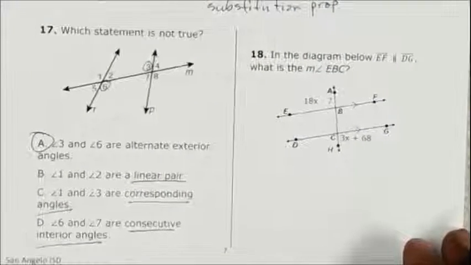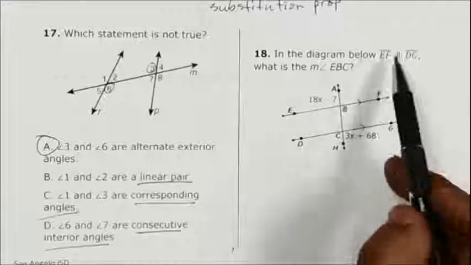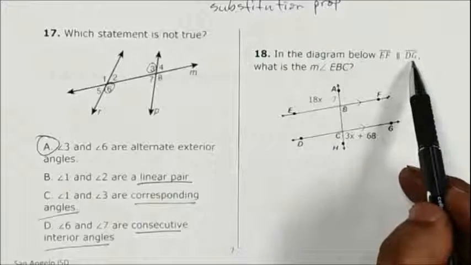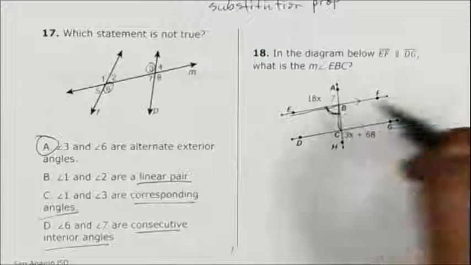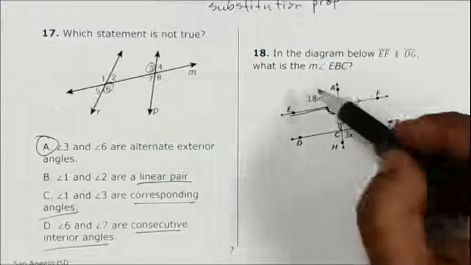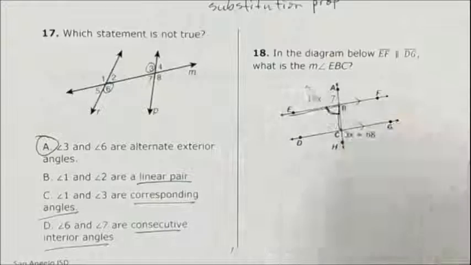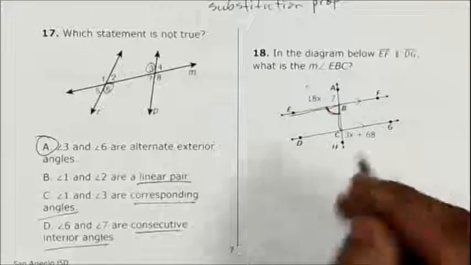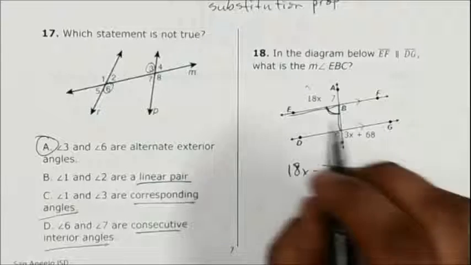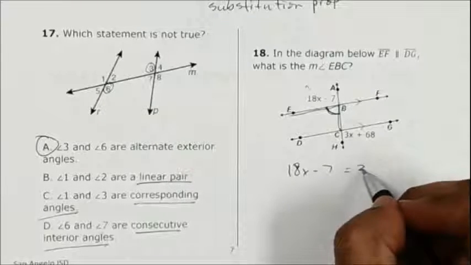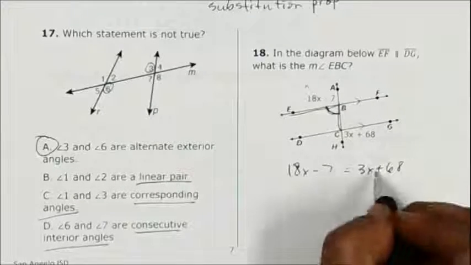Number 18. This is in the diagram, segment EF is parallel to segment DG, and I want the measure of angle EBC, which is this angle here. All right, to do that, I know that I have two alternate exterior angles. So those alternate exterior angles are congruent. So I'm going to set it up as 18x minus 7 is equal to 3x plus 68.